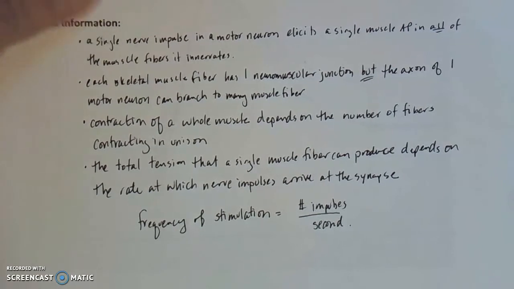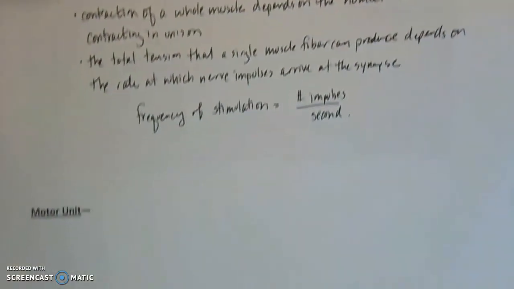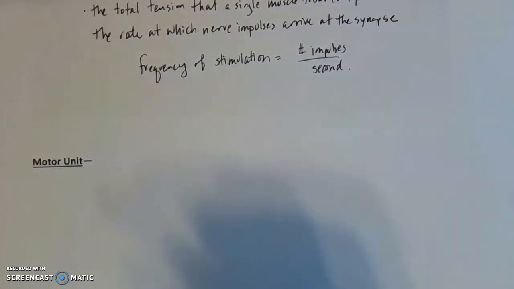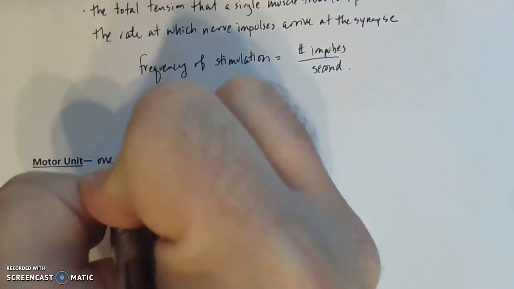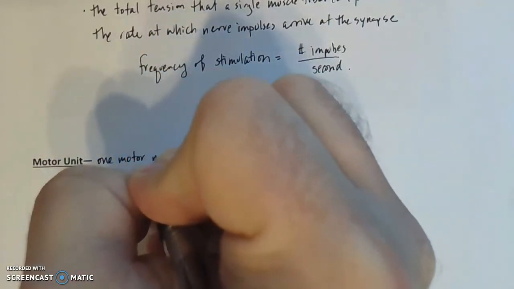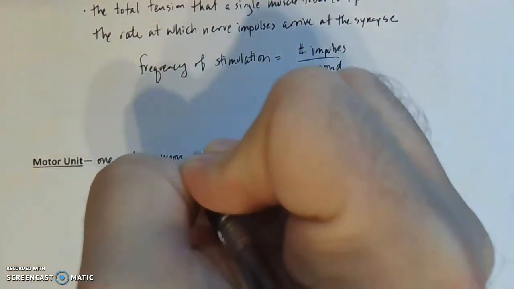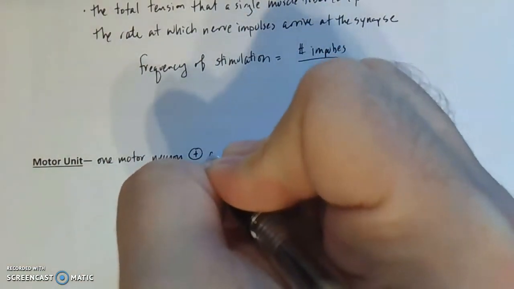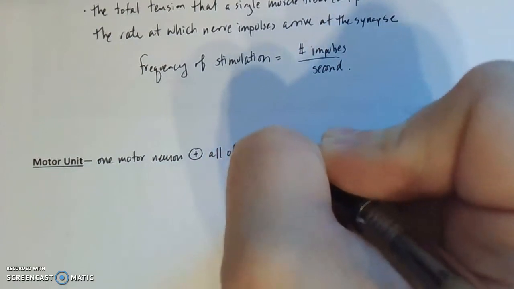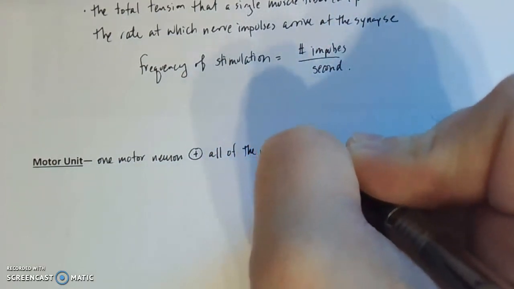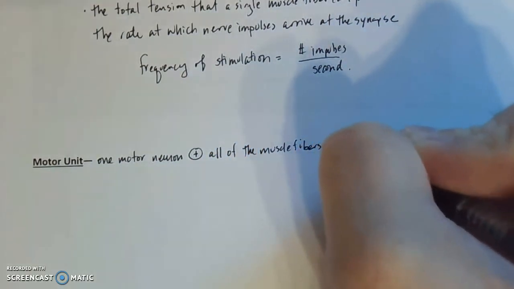So the other thing that we're going to talk about is a motor unit. A motor unit is one motor neuron plus all of the muscle fibers it stimulates.